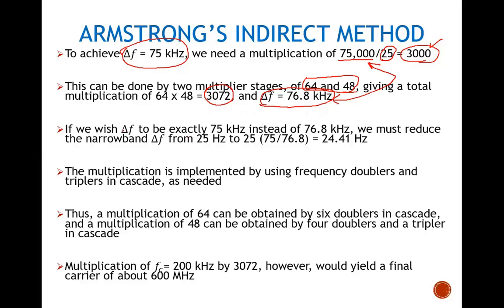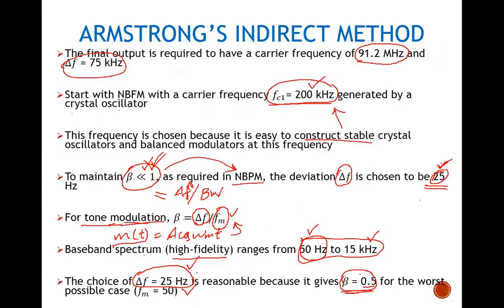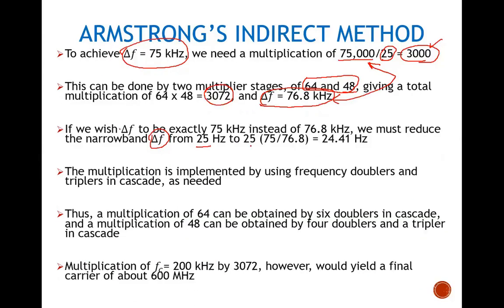If we want to get it exactly equal to 75, then we have to reduce delta F from the 25 that we saw here. We reduce it from 25 to 75 divided by 76.8 times 25, which is what we obtain through normal multiplication.